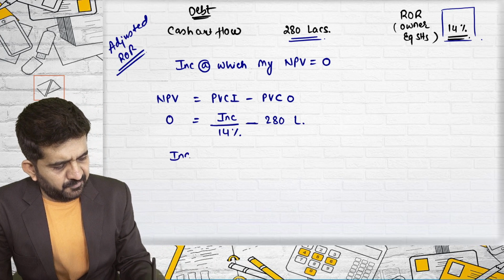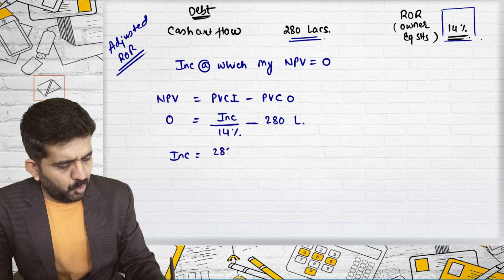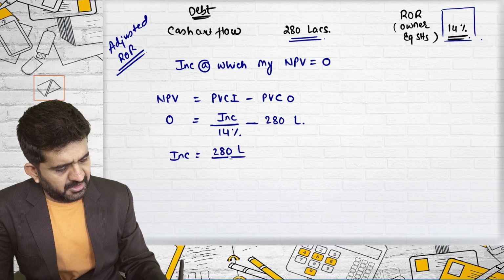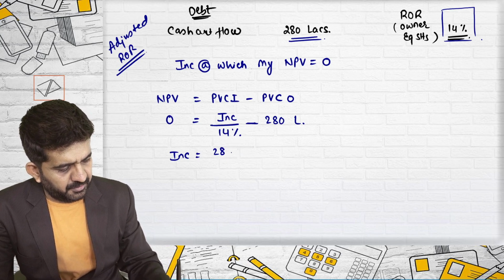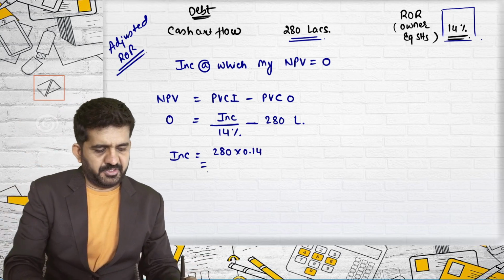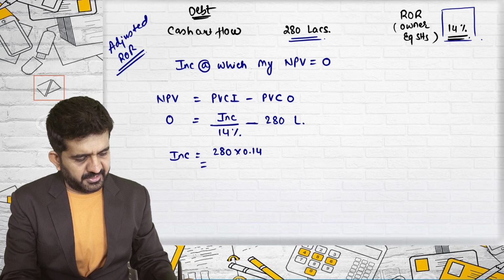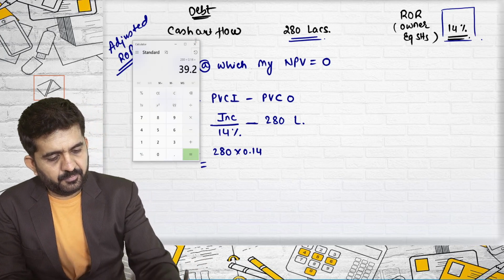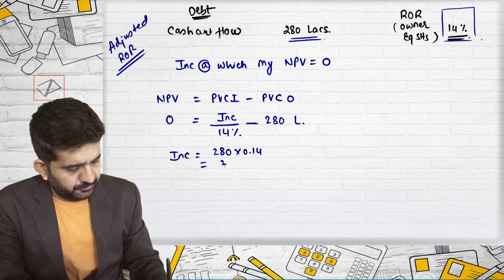So 280 lakhs will go on this side and become positive, and 14% will go on the other side. 280 multiplied by 0.14 is 39.2.